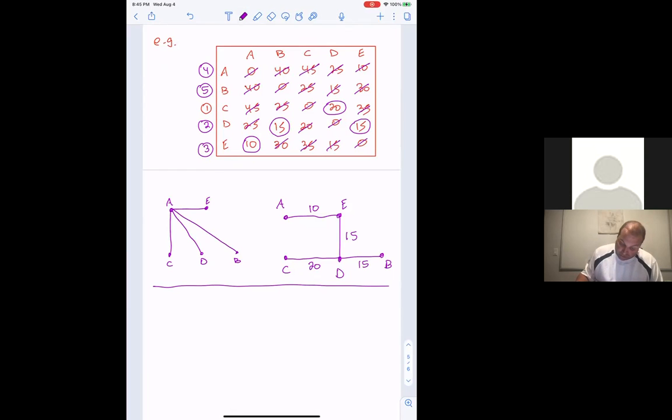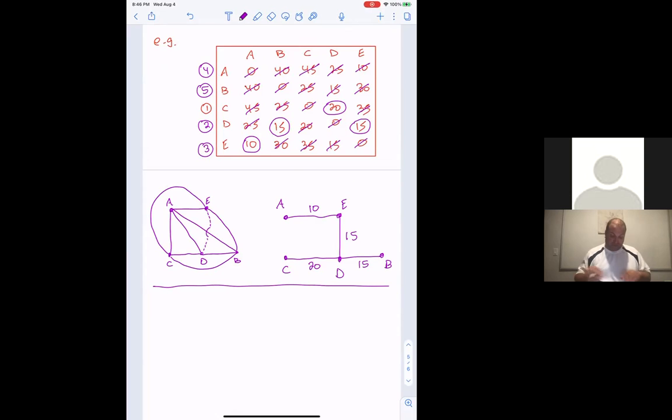B connects to A, C, D, and E. So there's D, there's C, and there's E. Actually, it looks like everything connects to everything. So C connects to E, to D, and D connects to everything as well. So this is the original graph.